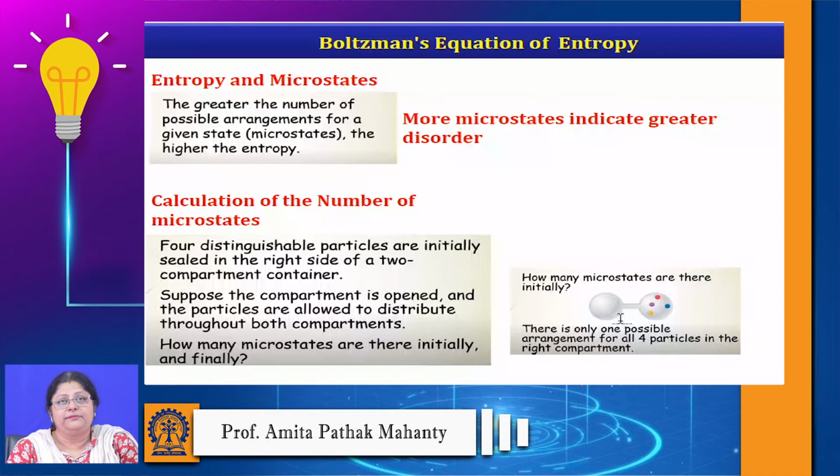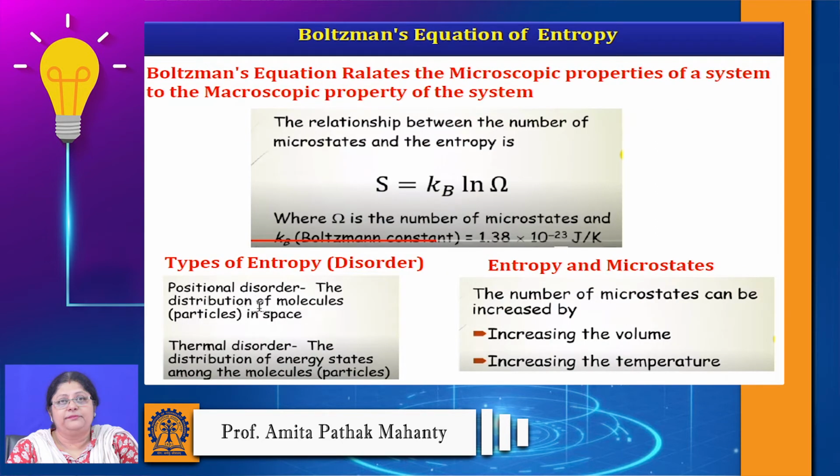Ma'am, by position of microstate, do we mean that we are observing how the energy for all the particles is distributed at a given instant? No. See, I have told you we have disorders of two types. We have positional and thermal entropy associated.